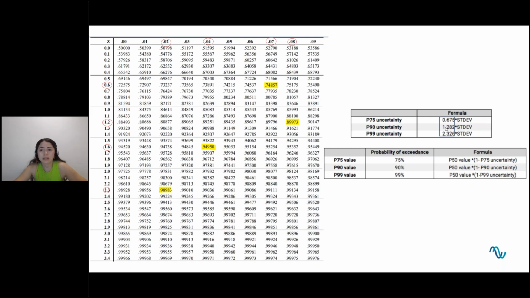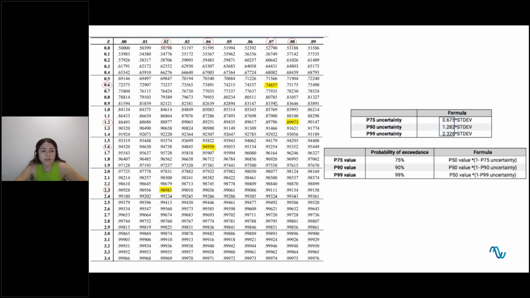Also, you can ask yourself, what are these values? These values are known as the z-score values. The z-score measures the distance between the data point and the mean using standard deviation. We can take the example of the P90. We can see the area will correspond to 0.9.